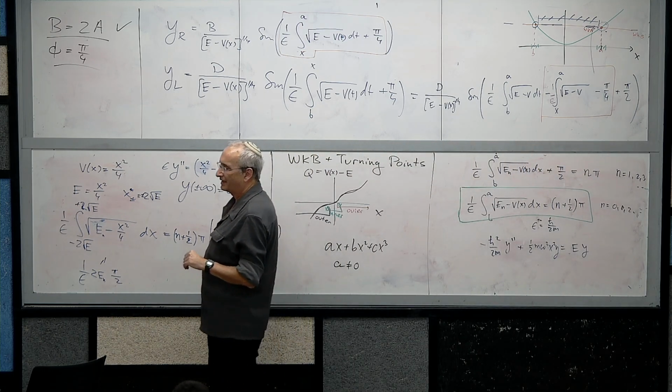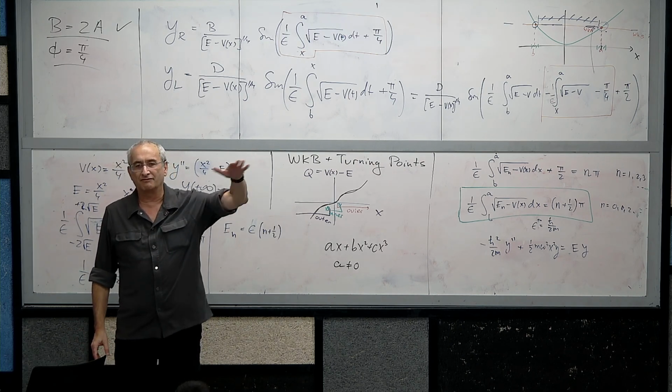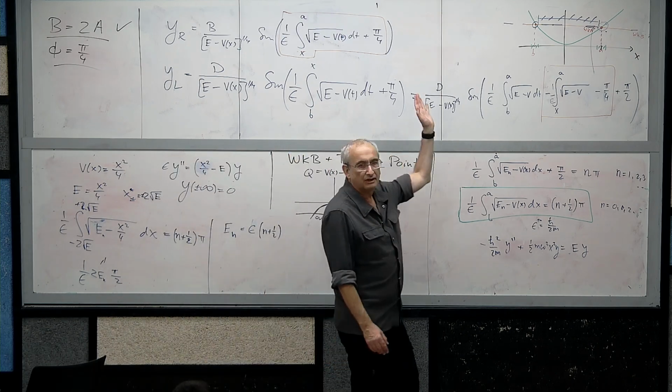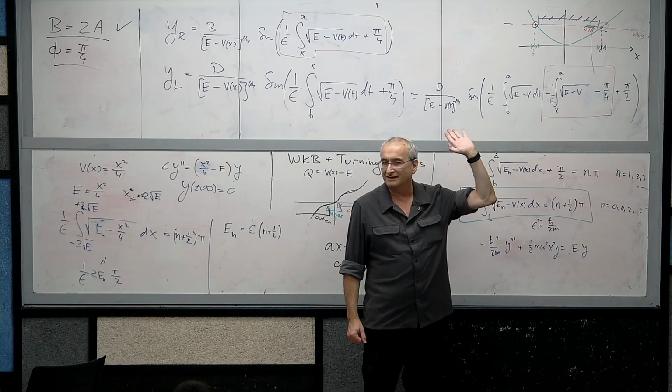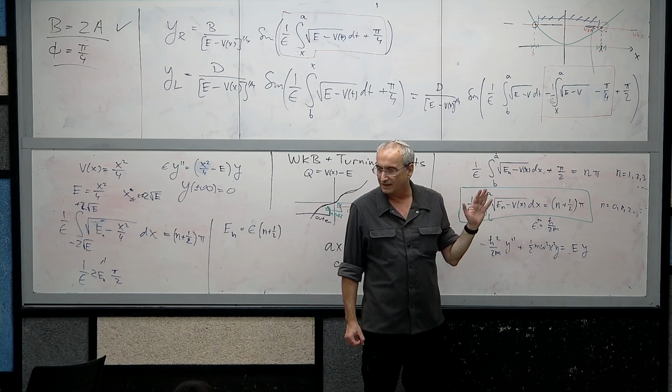They said, classical physics says every trajectory that goes back and forth in the harmonic oscillator is legitimate, and every energy is legitimate.